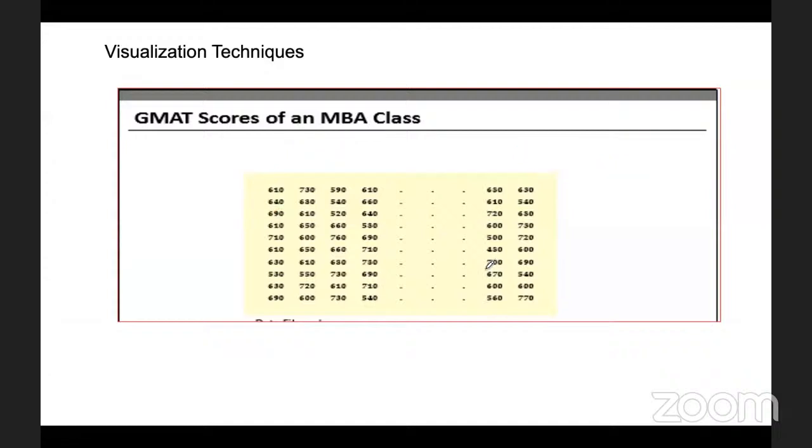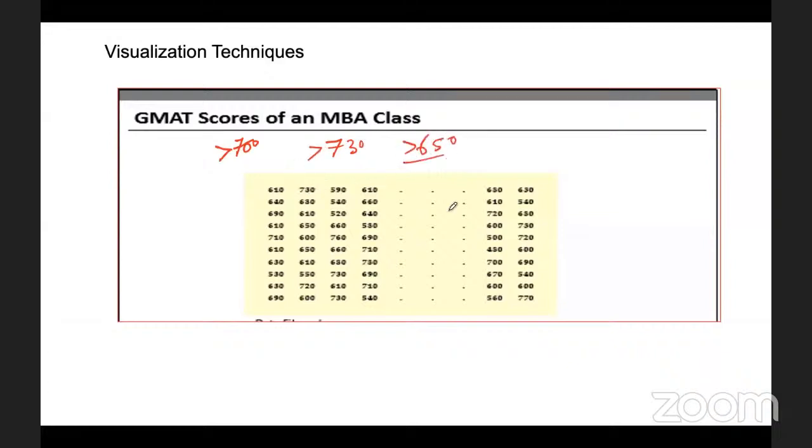Now, if you want to understand more in depth how these scores are, let's say I want to understand roughly how many students have got more than 700, or more than 730, or more than 650.